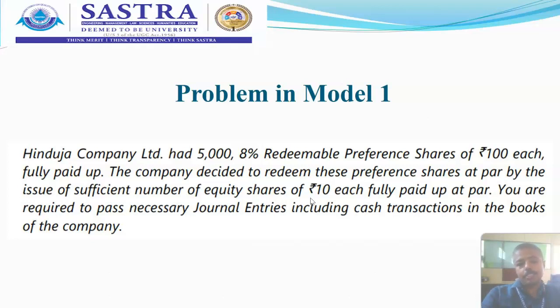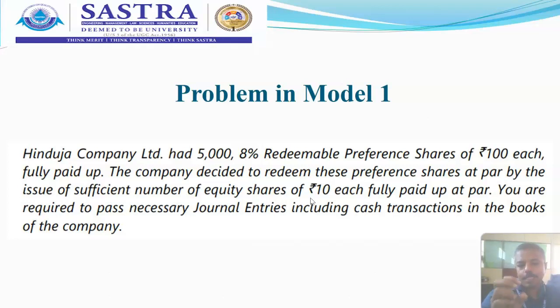The company has decided to redeem these preference shares at par, which means they need to pay 100 rupees to each preference shareholder. For that, they will be issuing a sufficient number of equity shares of rupees 10 each, fully paid at par. So for redeeming those 5,000 redeemable preference shares, the company is issuing 50,000 equity shares.